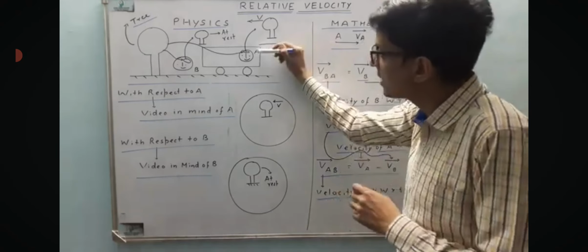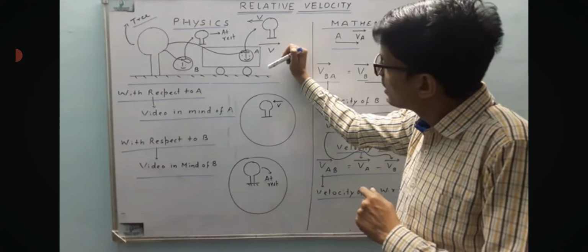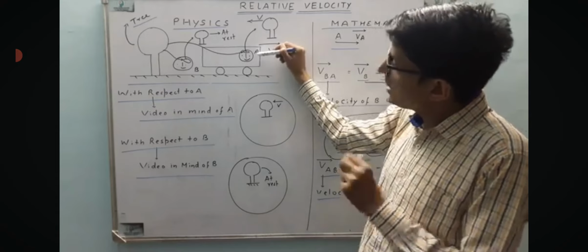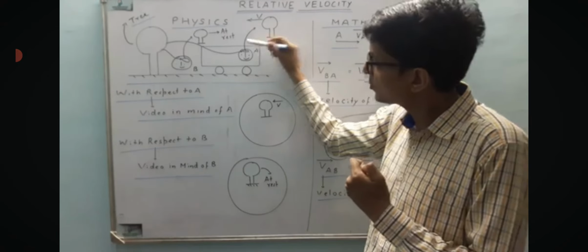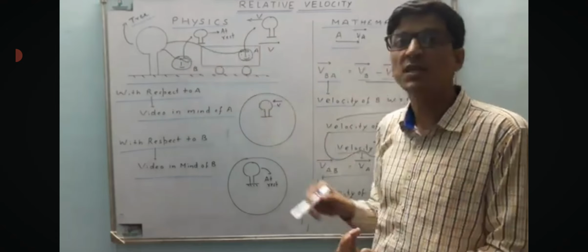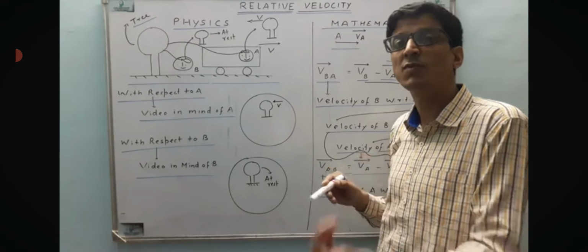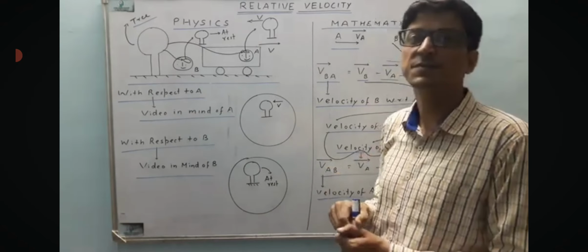Now let's take the example of A. A will say something because of the video in his mind. So A will observe the tree to be moving in a backward direction with a velocity v.